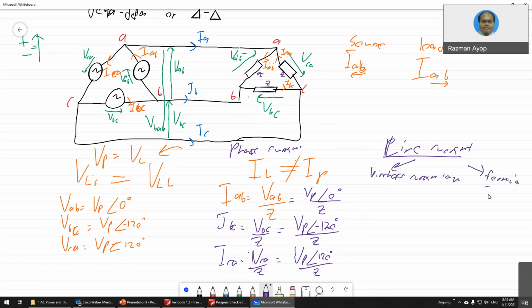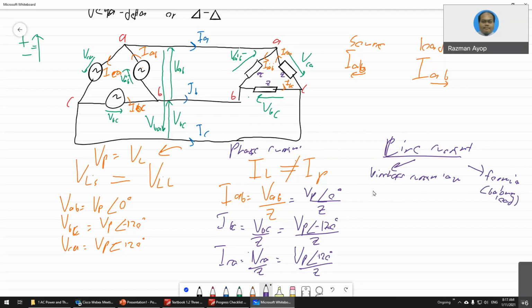The formula is only for balanced load. Balanced load means that all of these Z are the same. So because this is a balanced load, you can use the formula. But if you want to use Kirchhoff's current law, you also can.